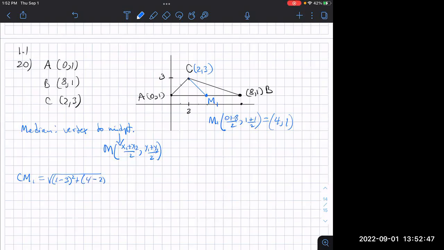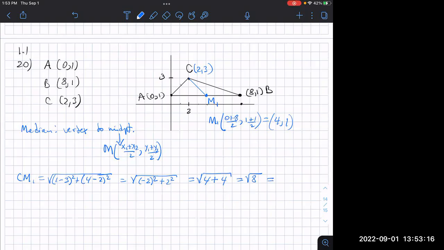Very good. Simplify. 1 minus 3 squared is negative 2 squared, which is 4, and 4 minus 2 squared is also 4. So that's the square root of 8.